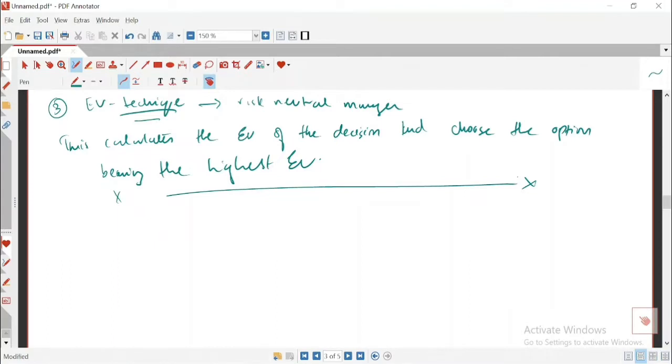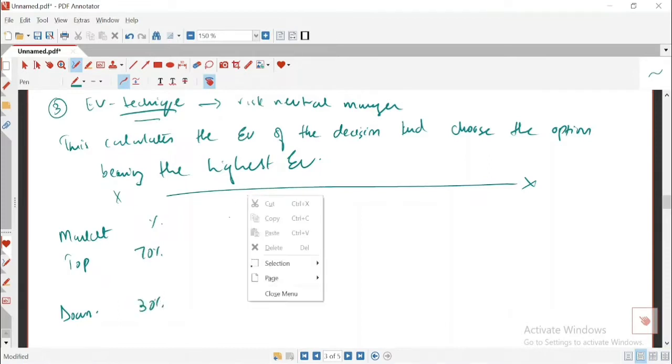Okay, so our example is that market top means market is going to be in a good condition or top, and in a bad condition, that is down. Percentages 70%, 30%. ठीक है. Project 1, Project 2.